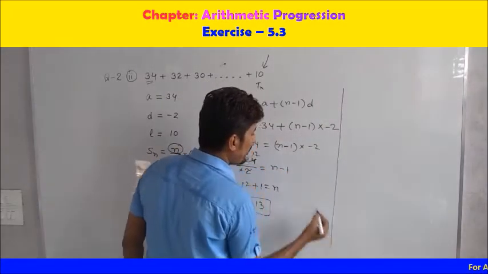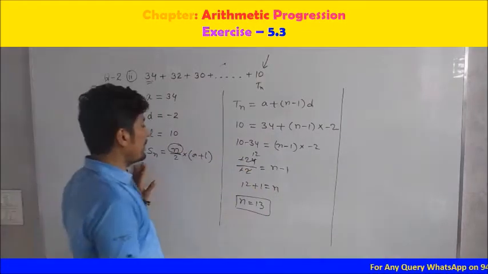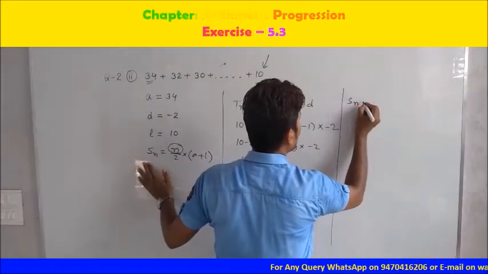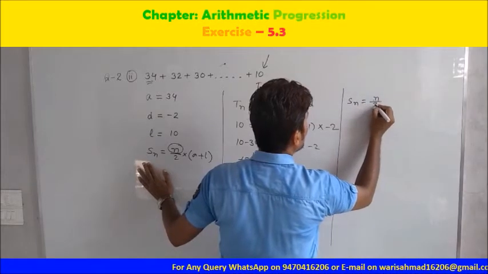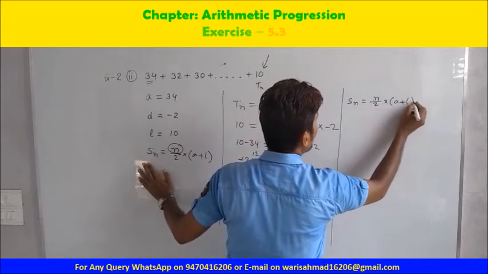After getting the value of n, now we can find the sum of this AP by using the formula Sn equals n upon 2 multiplied by (a plus l).